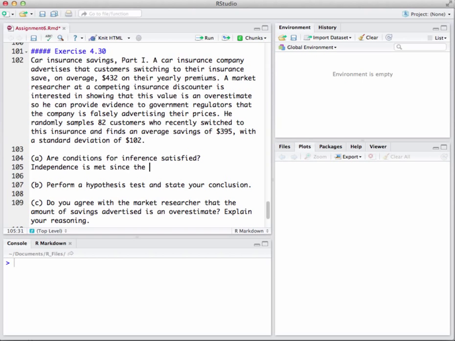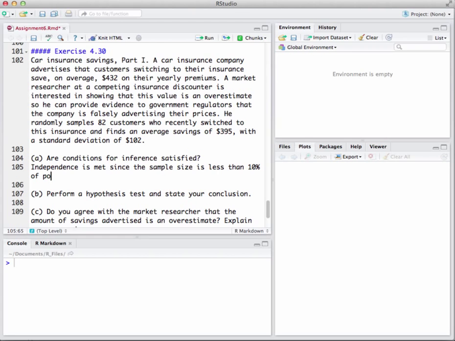Since the sample size is less than 10% of the population, in other words, we're not taking so many out of the population that we're actually going to start changing the probability of it being random. And the sample is random. Our intrepid competitive insurance guy took a random sample here.